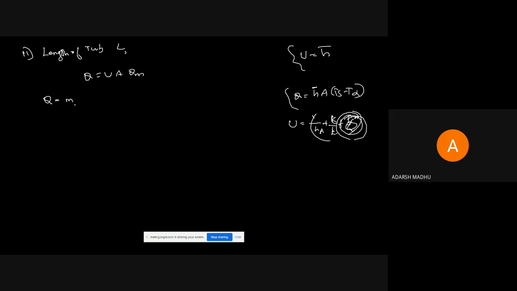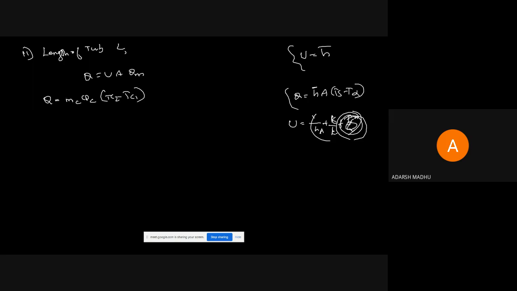The cp value of water is given here, so we can take mc cpc (tc2 minus tc1) to find Q. Either you can take mh cph (th2 minus th1), but the cph value is not given. Only the cpc value is given, so we take this equation.